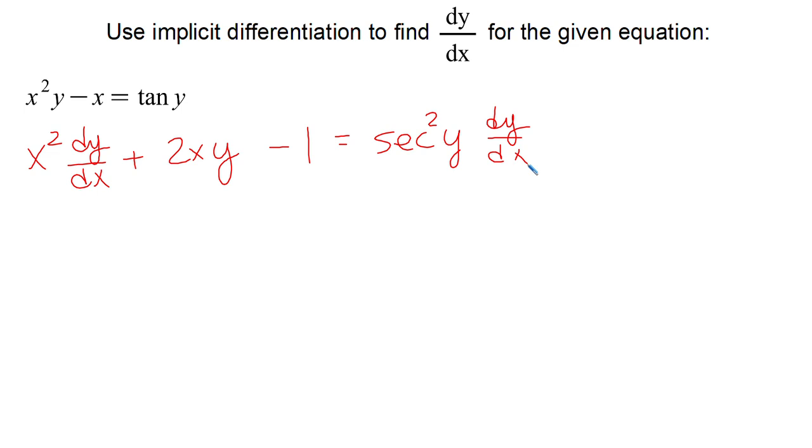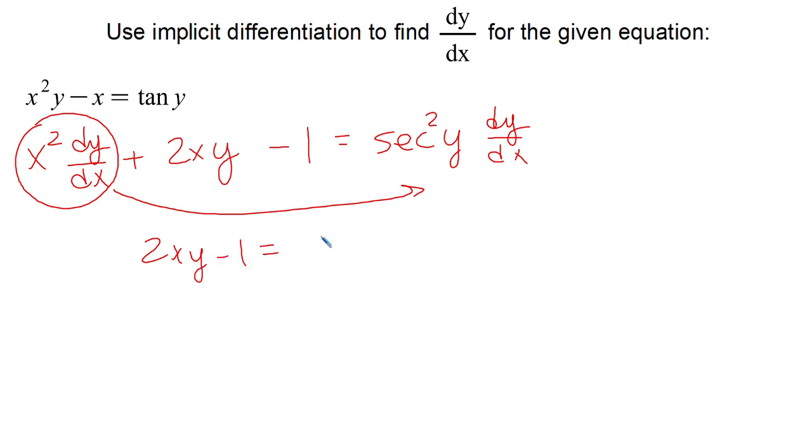Now we'll just gather all of our dy/dx terms to one side this time. I think I'll just move this over to the right-hand side. So we're going to have 2xy minus 1 equals secant squared y dy/dx minus x squared dy/dx.